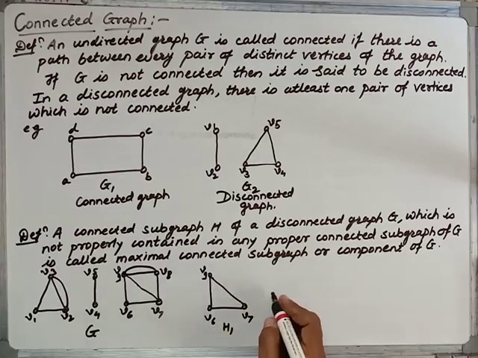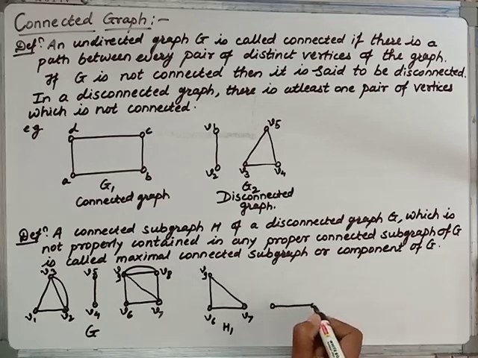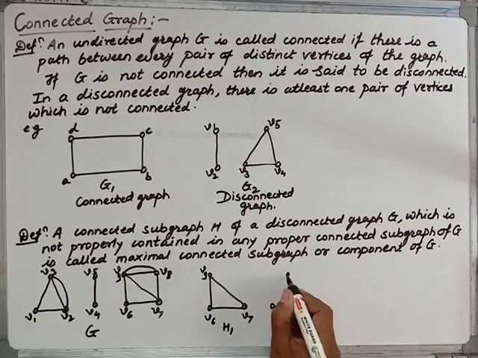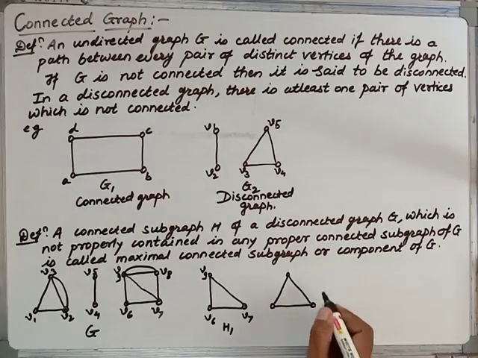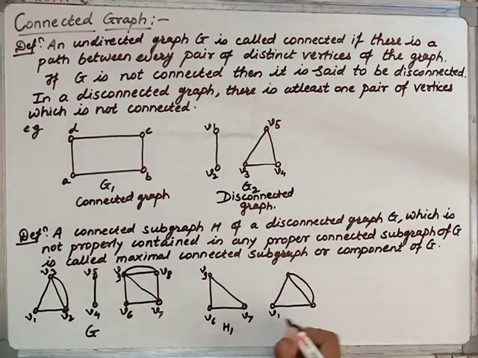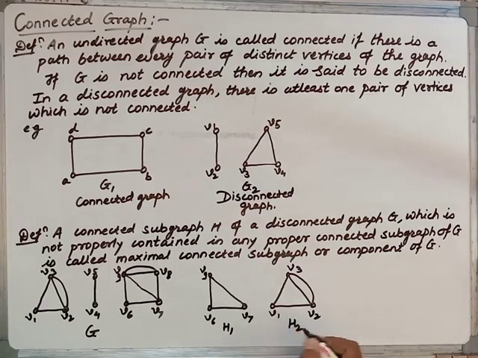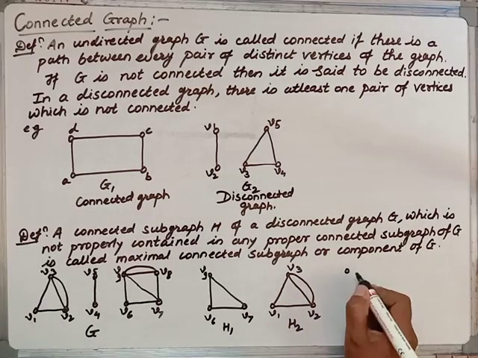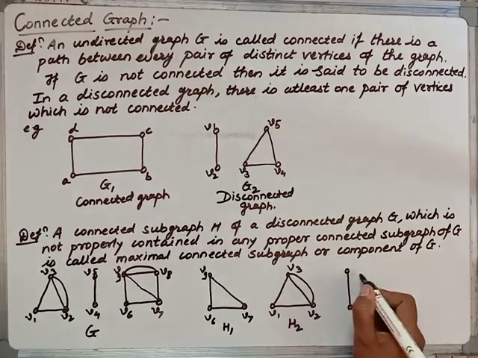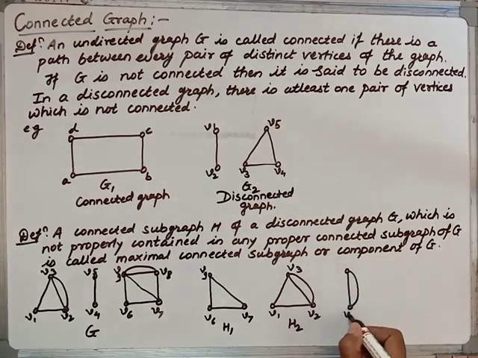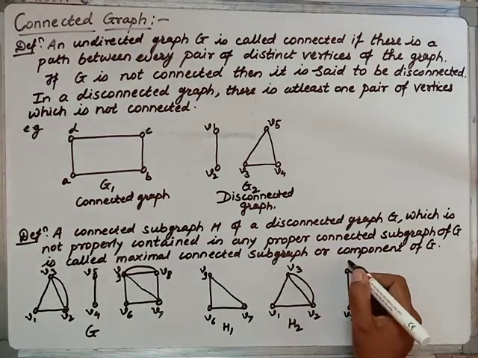Then another, let it be V1, V2, V3. So it is H2, suppose. And suppose I am taking this V7 to V8.